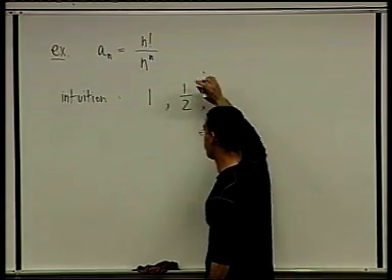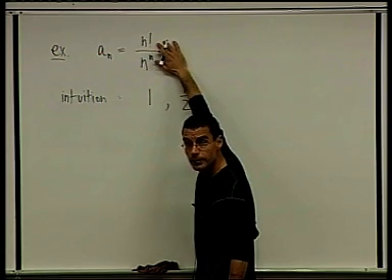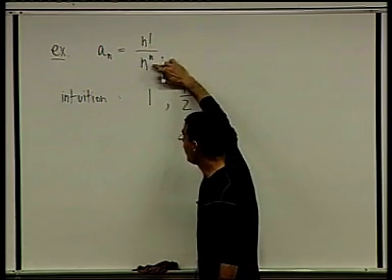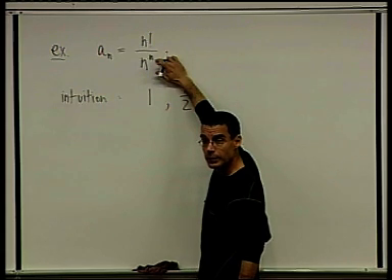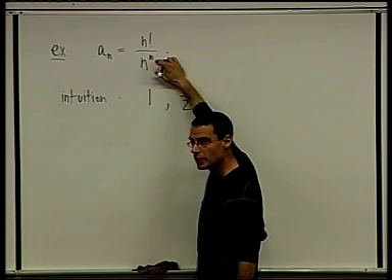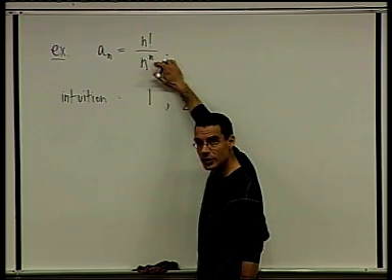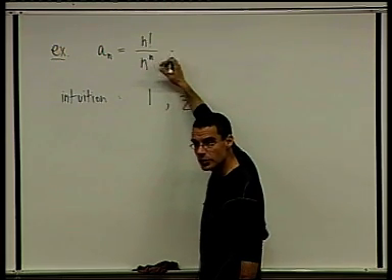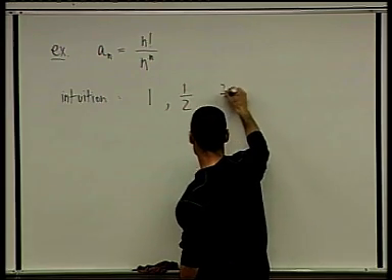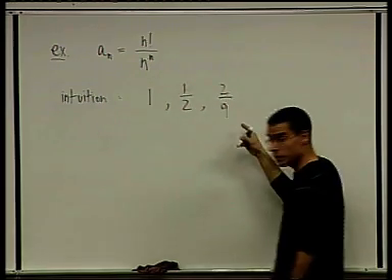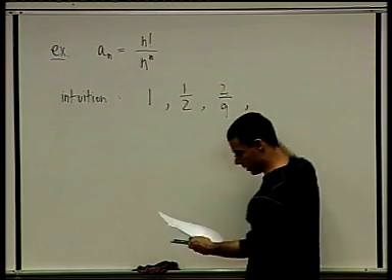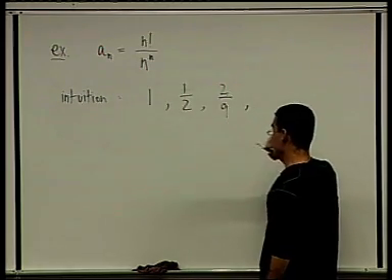Nothing tricky. What's 3 factorial? It's 6, divided by 3 to the power 3. That's 27. So what's 6 over 27? I can cancel out a 3 in both. So it's 2 over 9. Do you agree? Do I want to do one more? Let's do one more.